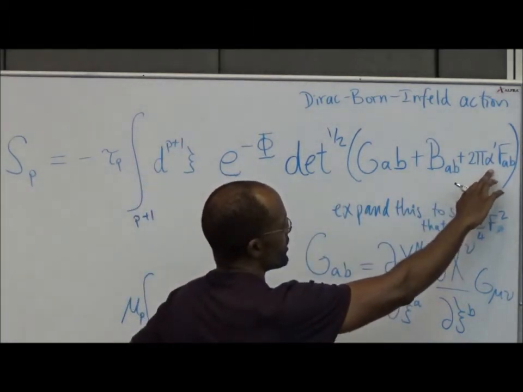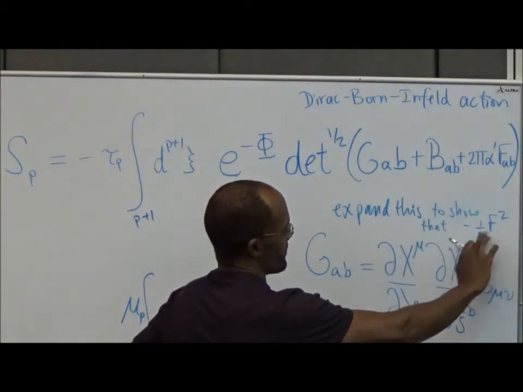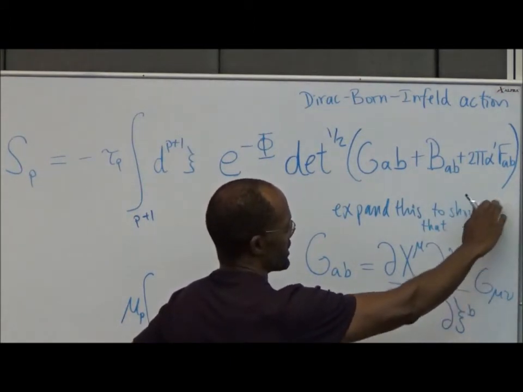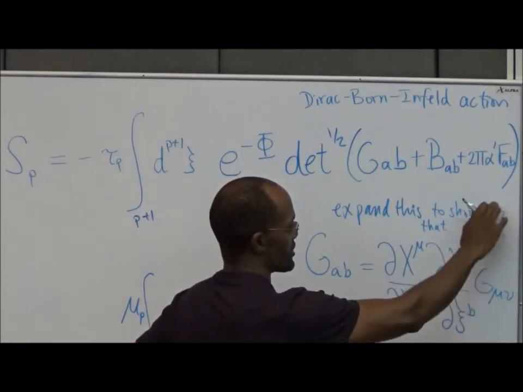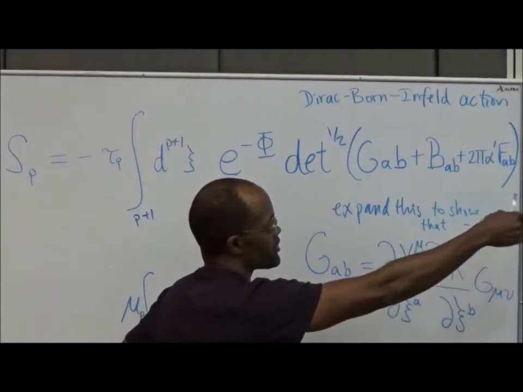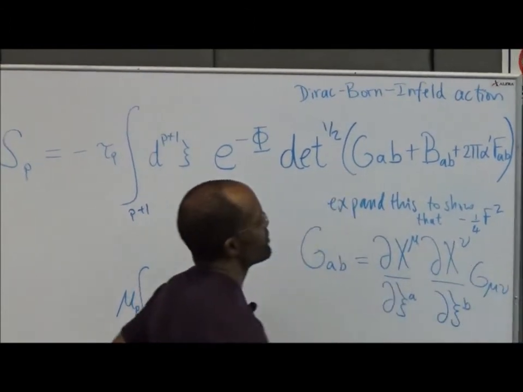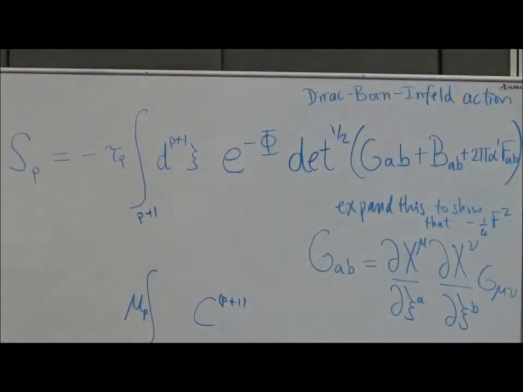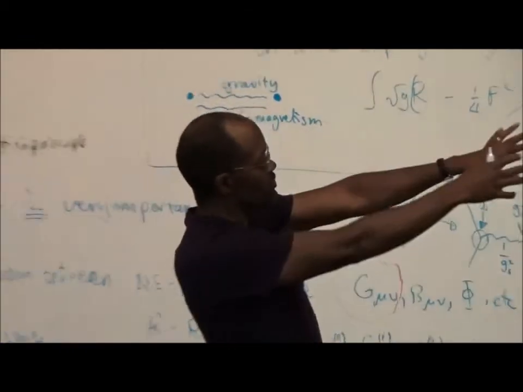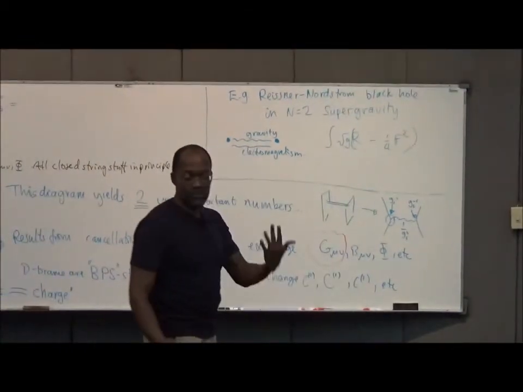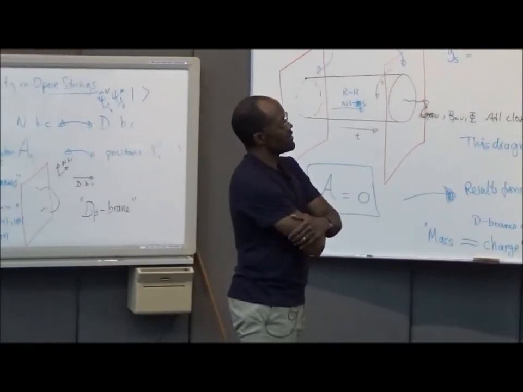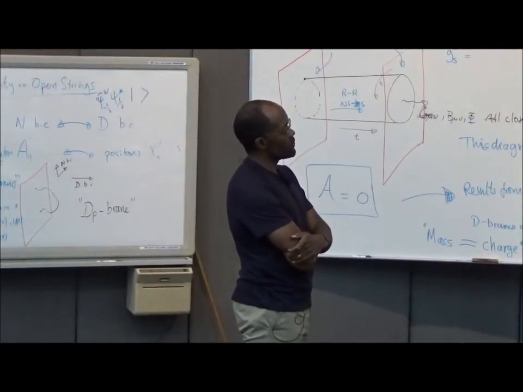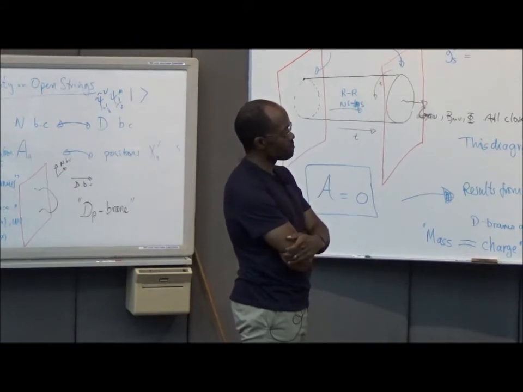If you start with our leading order discussion at lowest order in an alpha prime expansion, you get Yang-Mills theory, which is what we've been discussing. It actually gets corrected by an infinite set of corrections in alpha prime, up into this determinant of, essentially, one plus F action, which is called the Born-Infeld action.